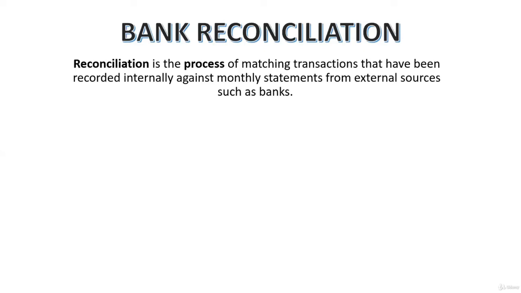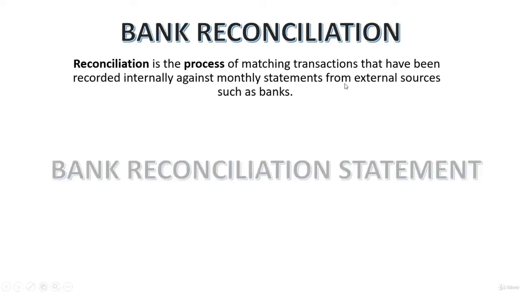So when we print the bank statement, we get to know about some of the charges that the bank has deducted during the year. So we have to make a reconciliation statement for these differences.